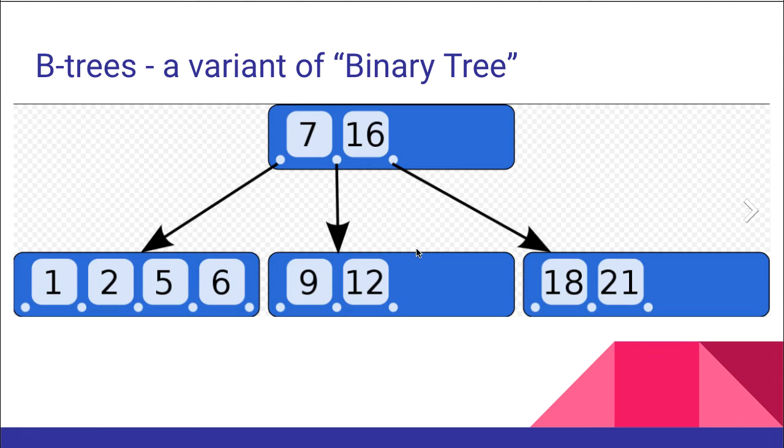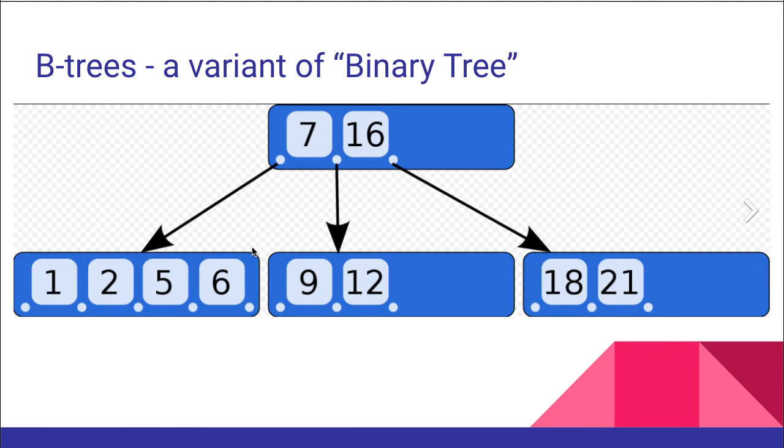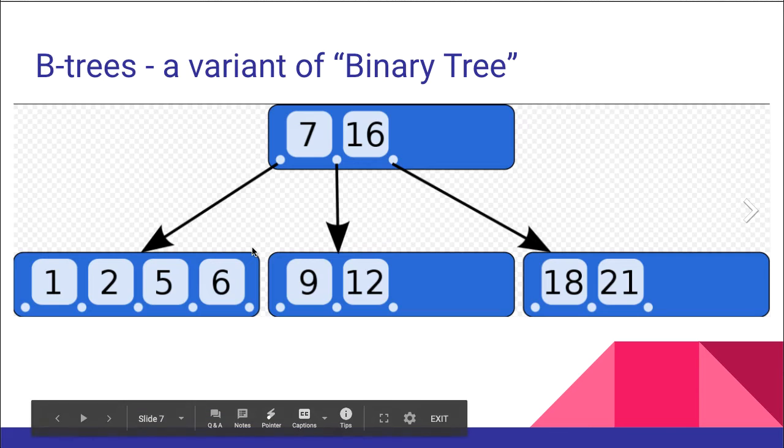So a B-tree is a variant of a binary tree where everything is very well balanced. And what you have is boxes like this, which hold a bunch of items inside. So instead of just one item in each node, like a binary tree, in each node here you have several items.